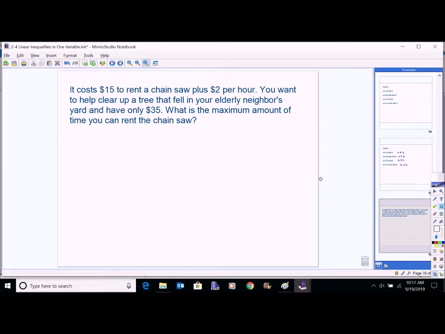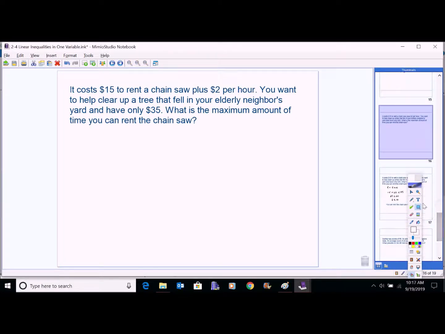So we need to think it through. What variable would make sense to represent this question? Or what are we choosing a variable to represent? S, R, doesn't really matter, but what is the variable representing?